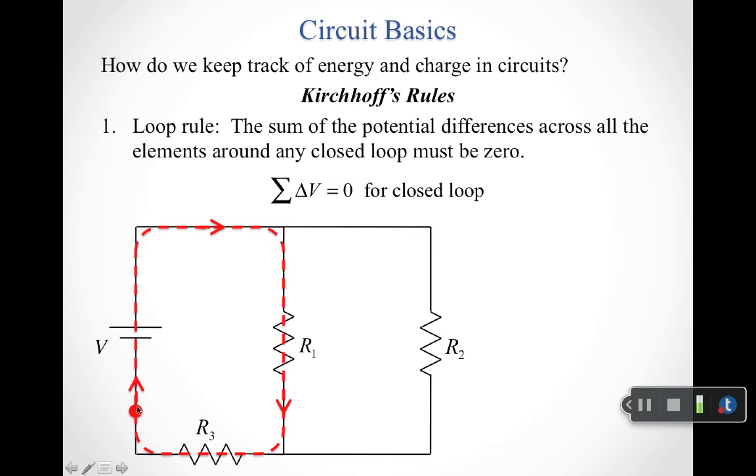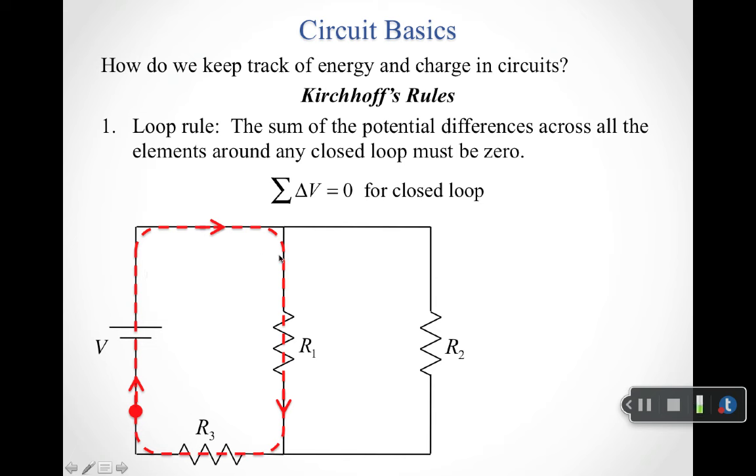So what does that mean? Well, mostly it means start at any point you want to. Here I happen to be starting at this particular red dot. And then walk in any particular direction. And what has to happen, according to Kirchhoff's rule, is that as we're going from the negative terminal to the positive terminal of the battery, we would have a potential increase.